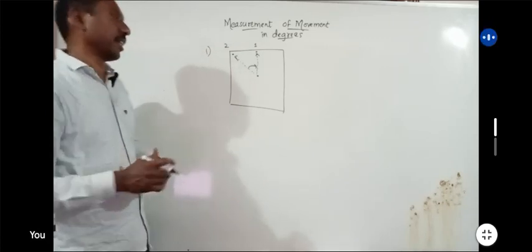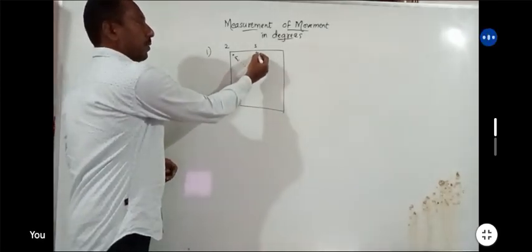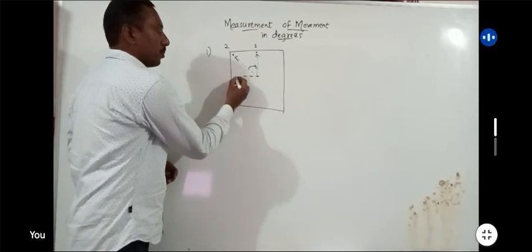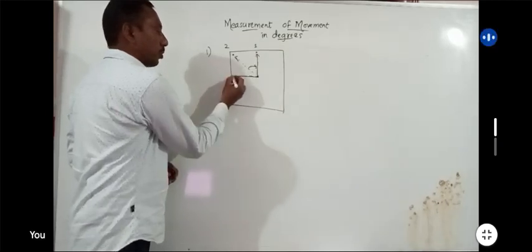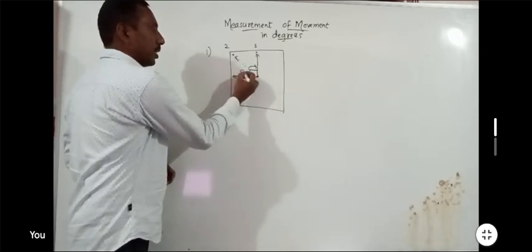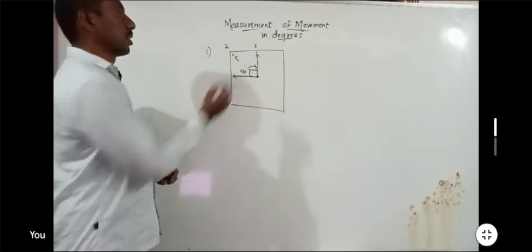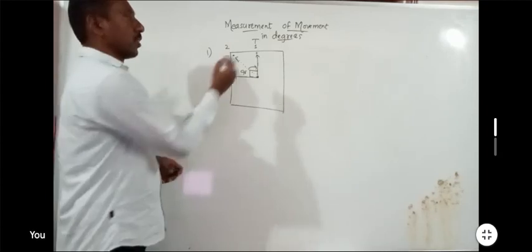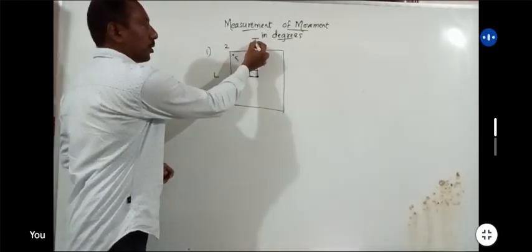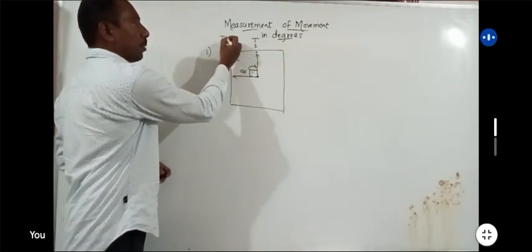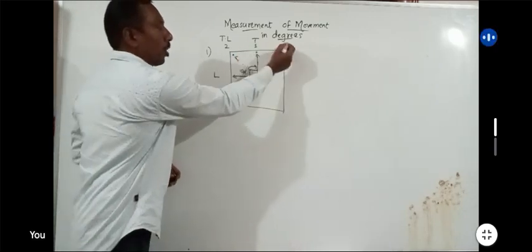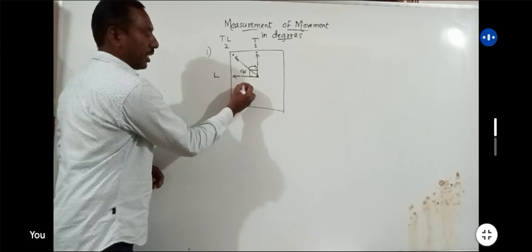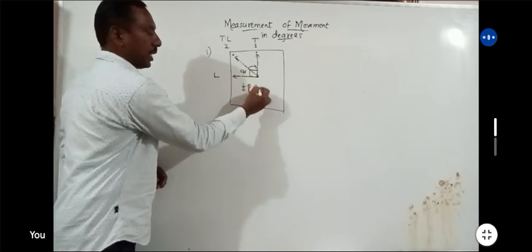Let me explain. In the previous concept, we discussed that from one main position to another main position it is 90 degrees. Let us say from top to left, it is 90 degrees. Whenever movement happens from top to a corner position, top left or top right, it will be exactly half of 90 degrees.